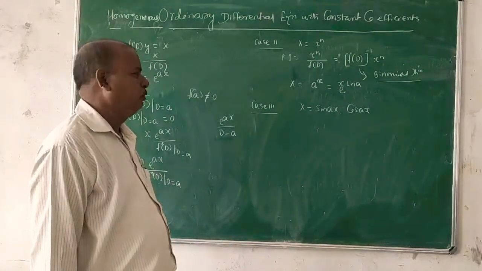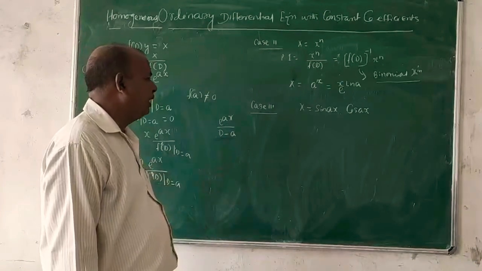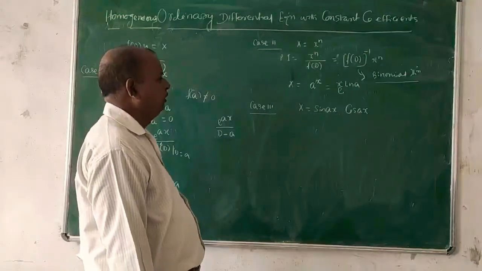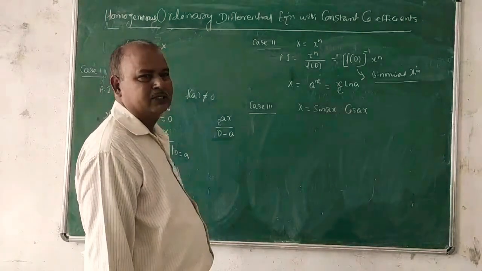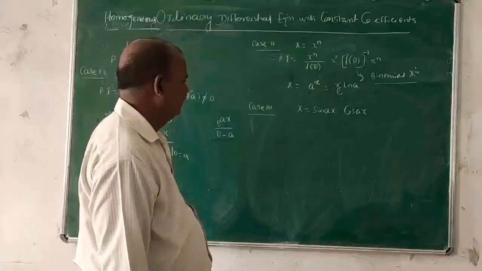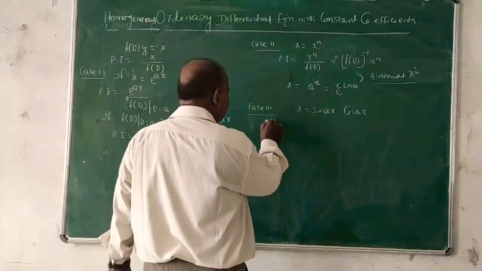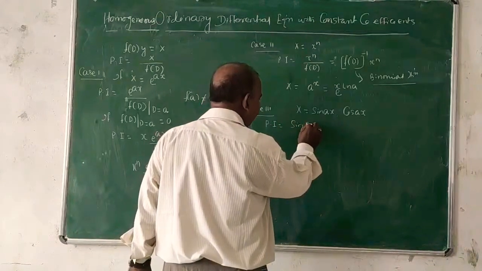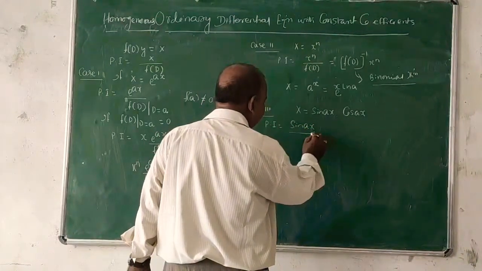This formula is not applicable for cosec x, sec x, tan x, cot x, and sin inverse x and the like. So the particular integral I can write as sin x by function of D.